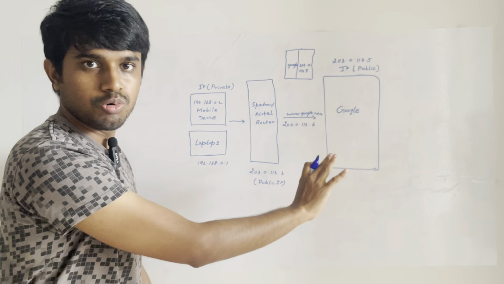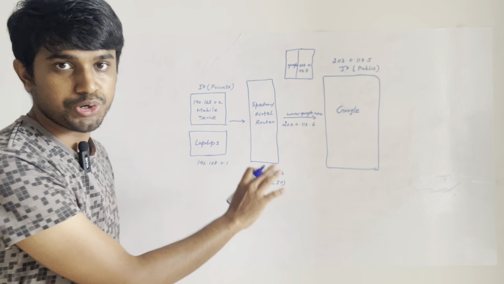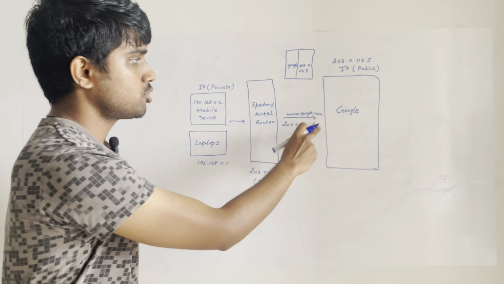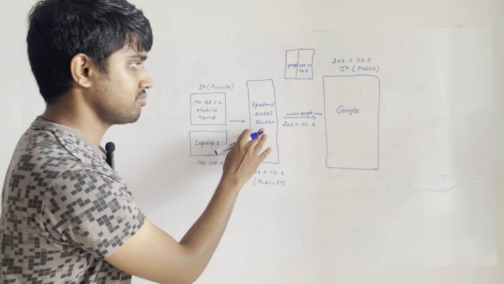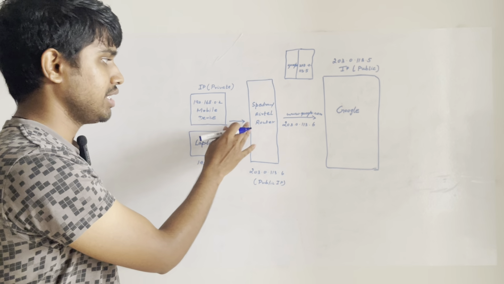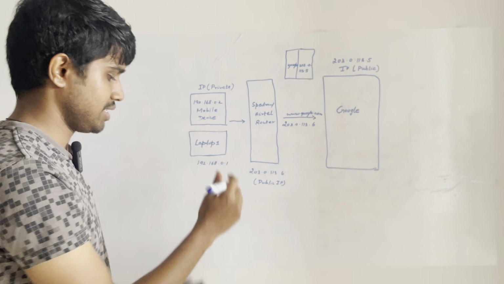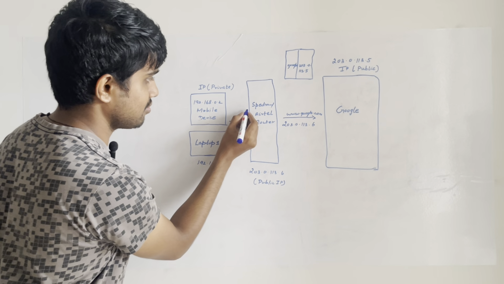So it will never tell Google whether it came from 68.0.1 or 68.0.2. It will always say that I come from 113.6. So Google will send you the home page to this address, and from your router it will route that request to one of these, right? So we can give a mark like a curly brace.